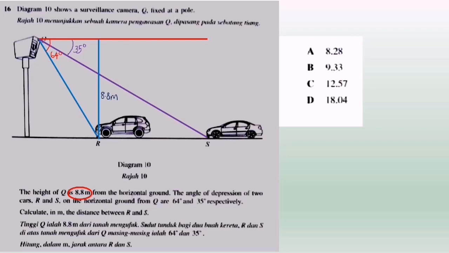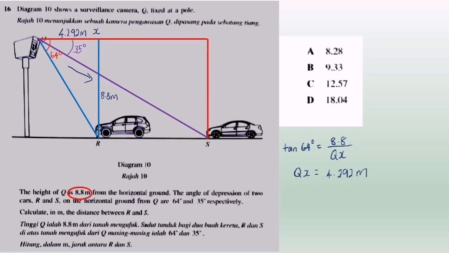The distance between R and S is given, and you need to find the distance from Q to S. Using trigonometry, tangent 64 equals the opposite side 8.8 over the adjacent side QS. QS equals 4.292 meters.